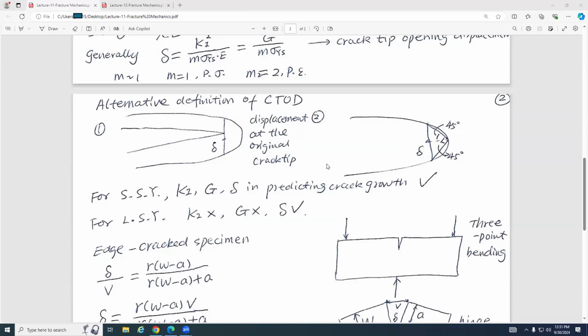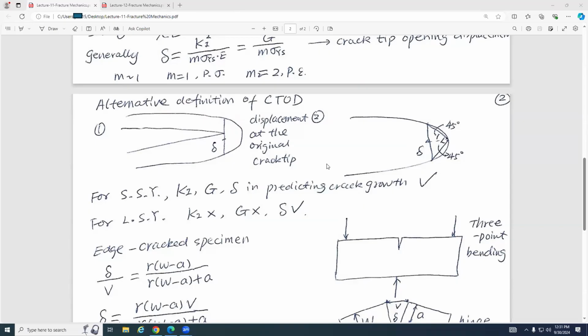And then we have the CTOA. As you can see, this is the displacement D here. This is my new crack tip, and this is my original crack tip. Then I just draw two lines. For this case it is 45 and 45, but that is not always the case.